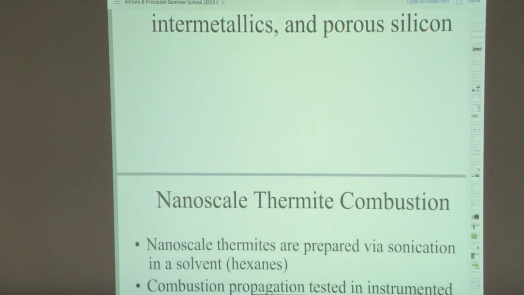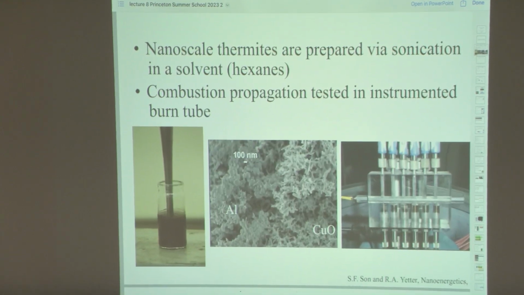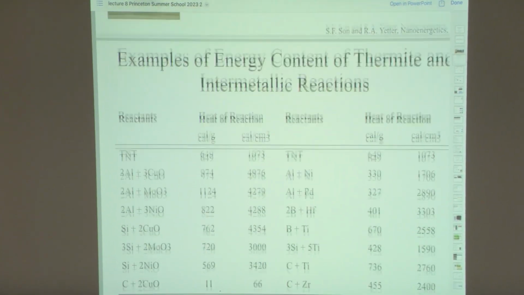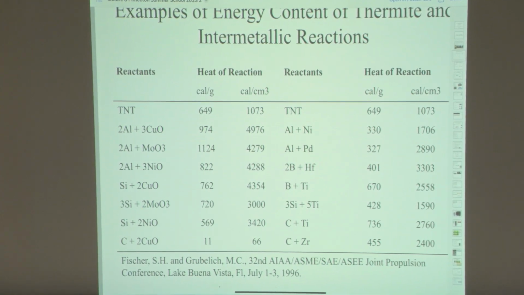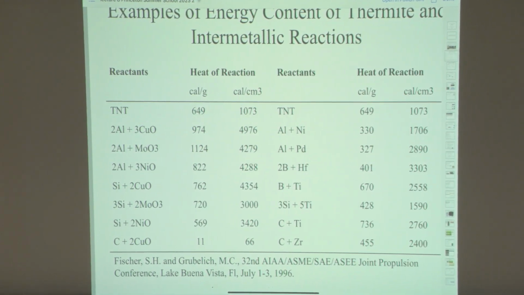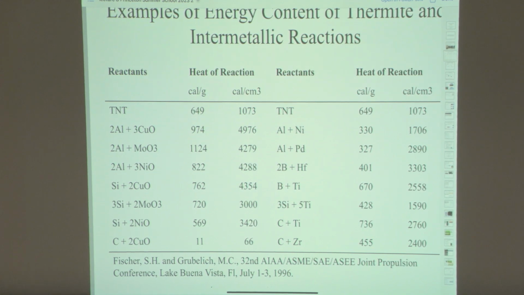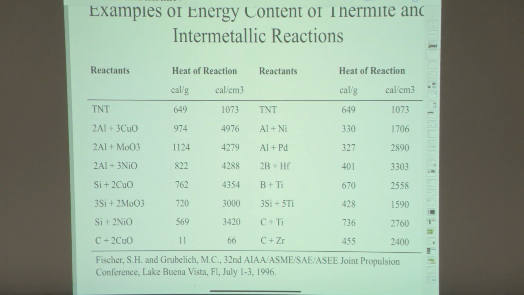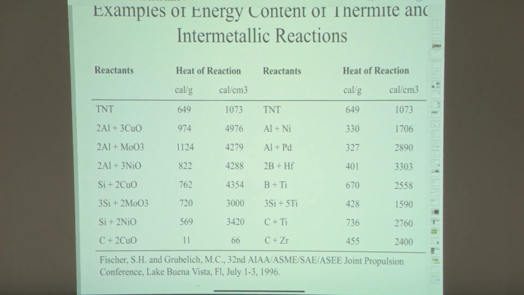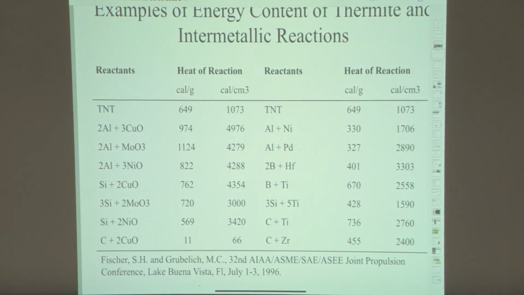And I've already shown you that, or I can show you here. This is the energetics of looking at, say, some intermetallic reactions and some thermite reactions. So if I compare it to TNT, TNT has a heat of reaction of about 649 calories per gram.